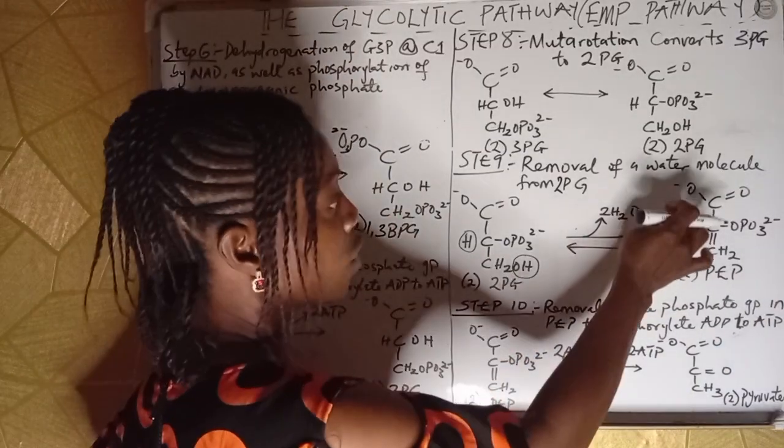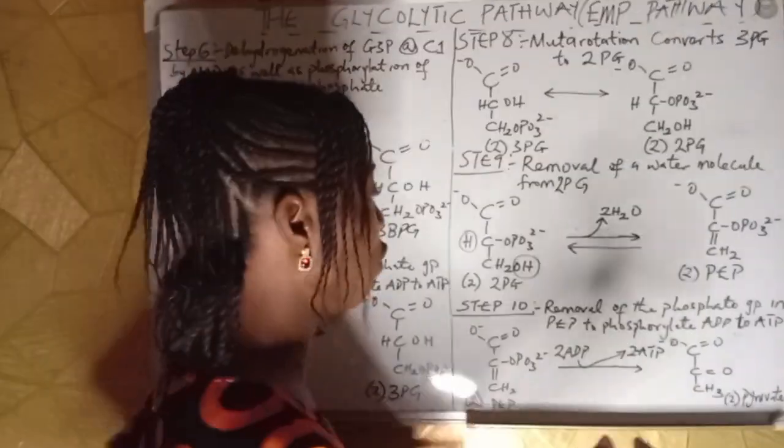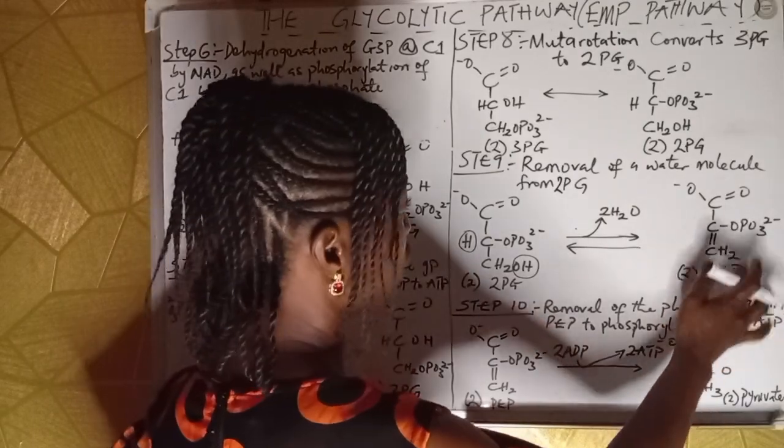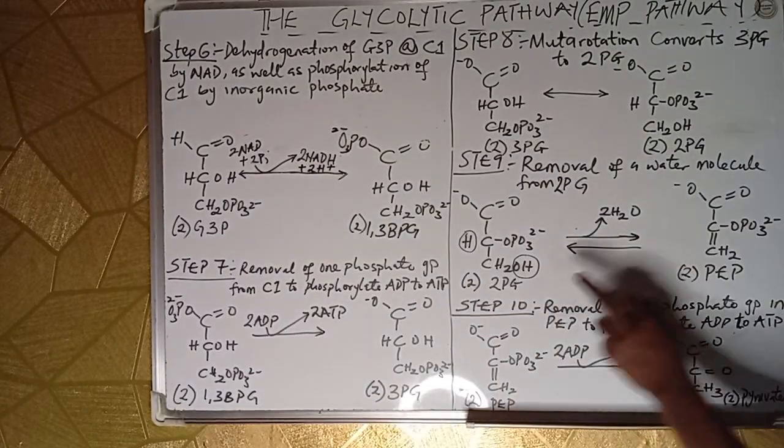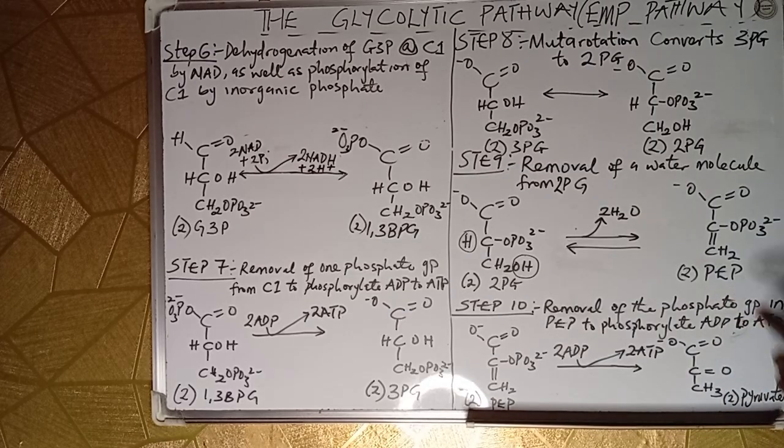Because there are 2 molecules here, 2 molecules of water will be removed to give us 2 molecules of phosphoenolpyruvate. So what is happening here is simply the removal of this hydrogen here and this hydroxyl group here. And then we now see this double bond here. No longer a single bond, but a double bond here. And so we have phosphoenolpyruvate.